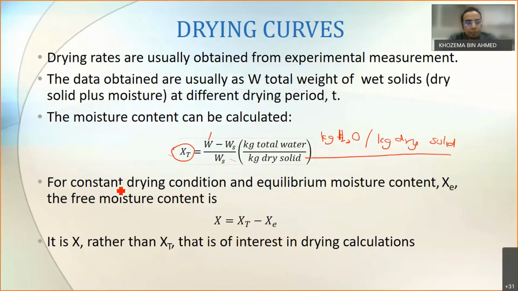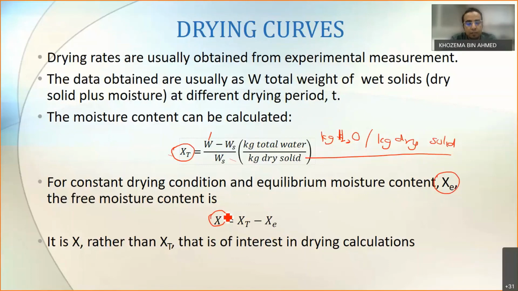For the constant drying condition and equilibrium moisture content, if we are drying at a certain temperature with a certain humidity, we'll have a value of equilibrium moisture content. So the free moisture content, as I mentioned, X, we can obtain as X equals XT, the total moisture content, minus the equilibrium moisture content.